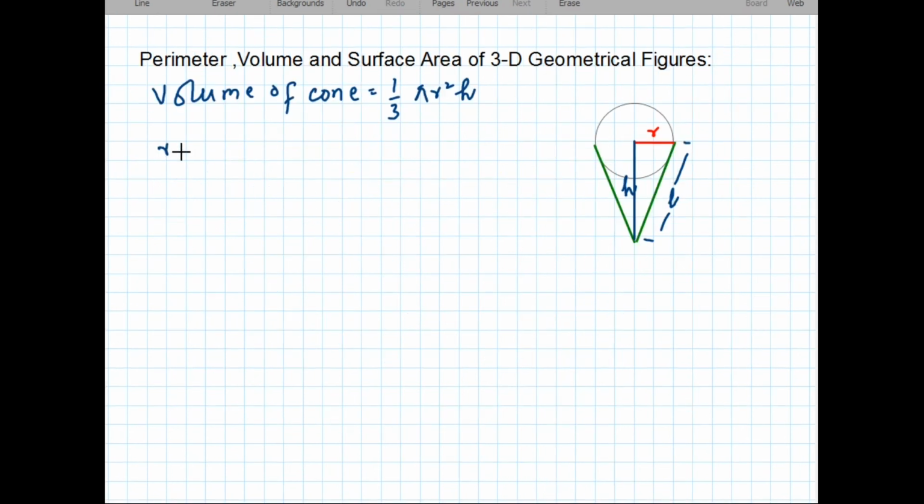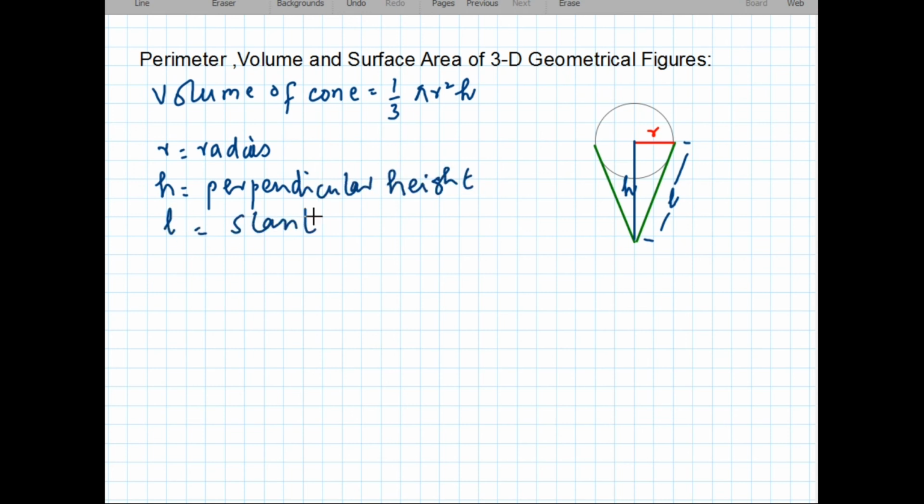Here in the cone, r is the radius, h is perpendicular height, L is slant height of cone as shown.